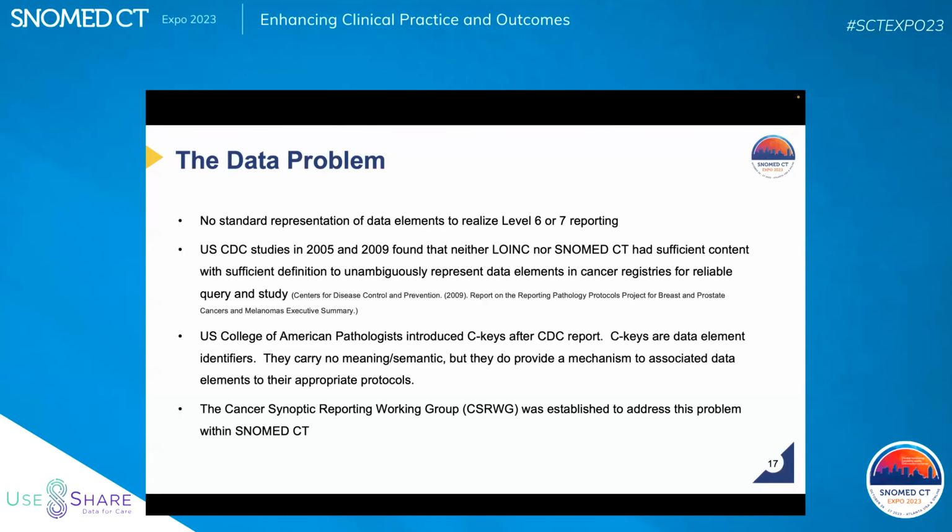All right. Here's our data problem and what we're trying to solve. There's been no standard representation for the data elements for the cancer synoptics to realize a level 6 or 7, so fully computable report. The closest we've gotten is something called the C-keys, published by the College of American Pathologists, which is basically an inventory system of data elements.